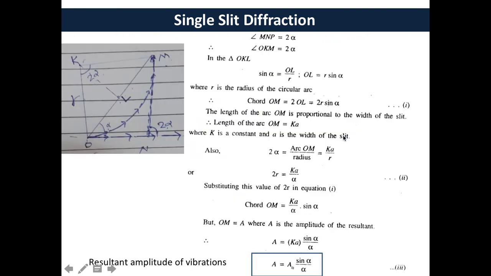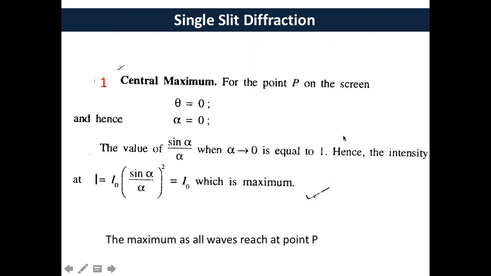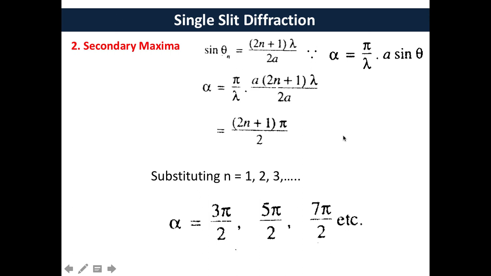Further, if we look at the secondary maxima, the condition for constructive interference, we know that sine theta is equal to (2n plus 1) lambda upon 2a. And you also know alpha is pi upon lambda a sine theta.